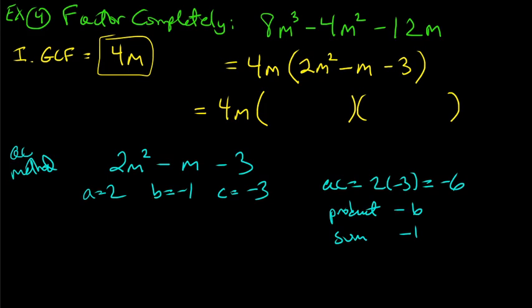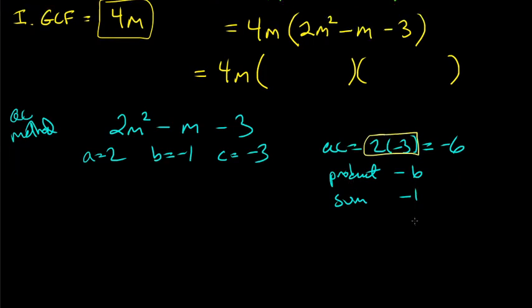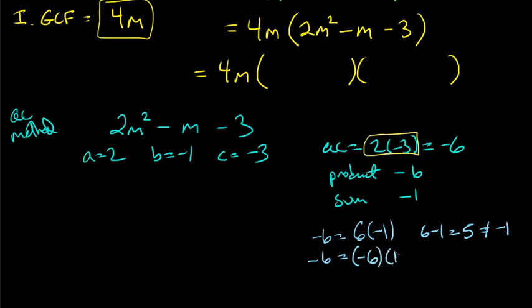Okay, so I hope you don't struggle with this because it's right here, 2 and negative 3. Well, let's write down all the possibilities, even though that should be it. You might start with 6 times negative 1. That's negative 6, but 6 minus 1 is 5, which is not negative 1. So that tells me you should switch, make it negative 6 times positive 1.